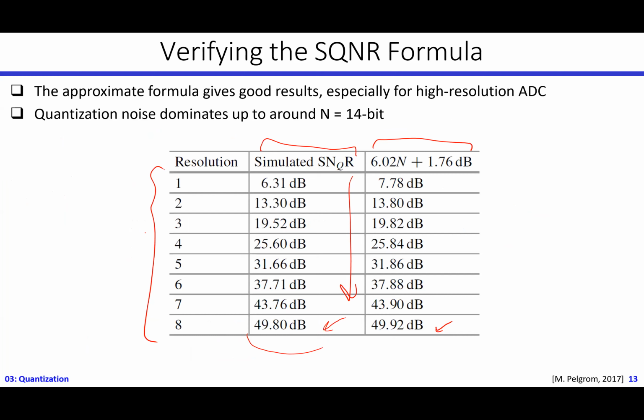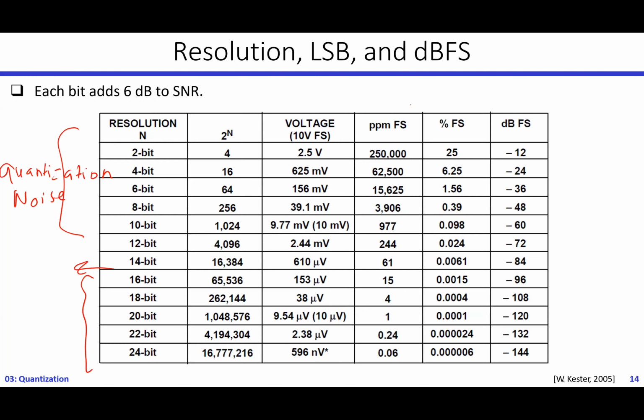What we just saw in this slide is that quantization noise dominates up to around 14 bits. After that come the other types of noise: thermal noise, and 1/f noise if you work at lower frequencies.